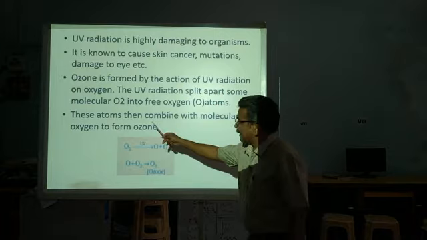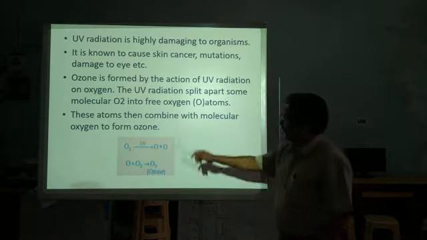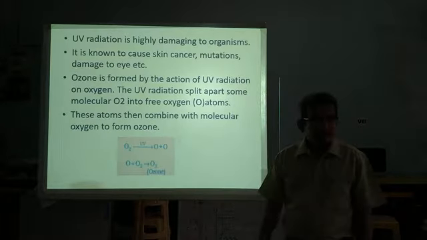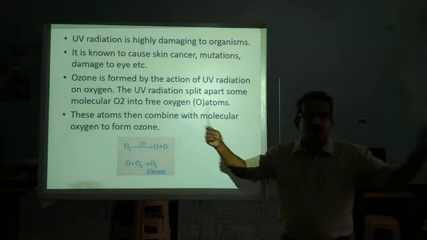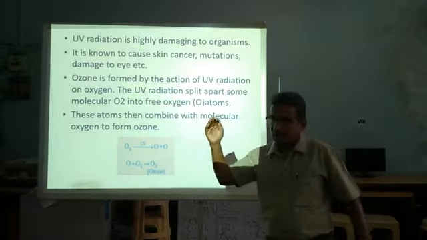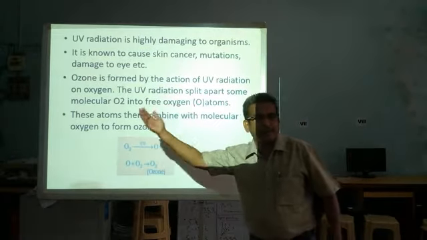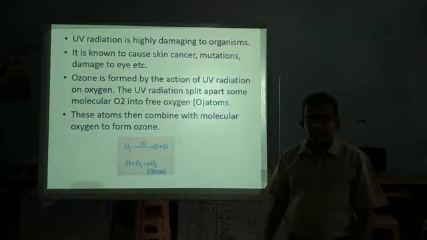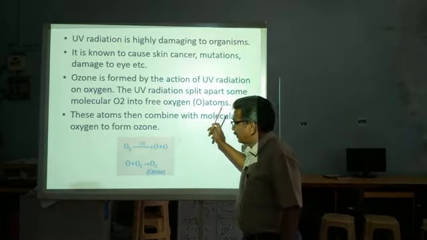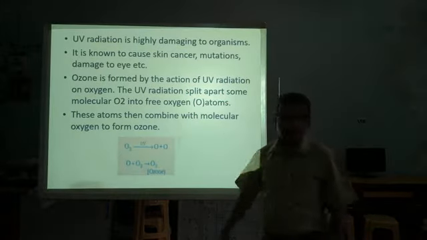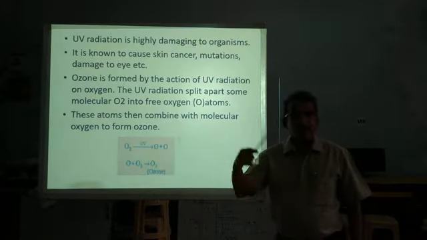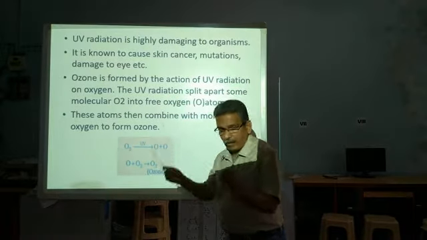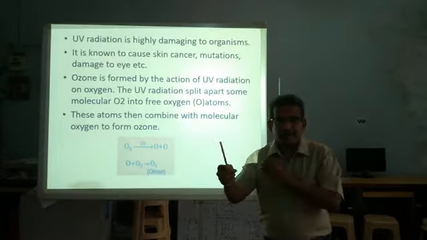And these free oxygen atoms then combine with the molecular oxygen to form ozone. Only some portion of the oxygen molecules are getting split into free oxygen. This free oxygen has the ability to combine with the other oxygen molecules, so that one oxygen atom further combines with a molecule of oxygen.